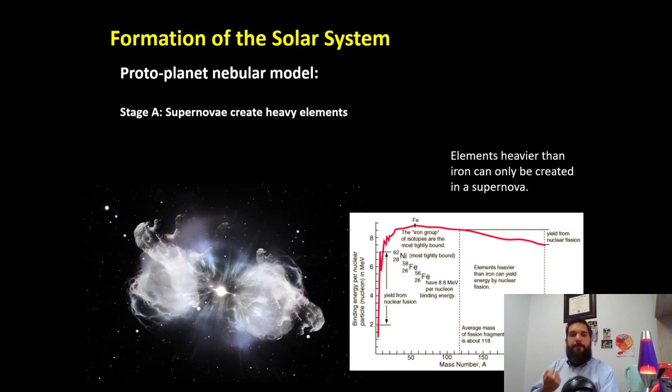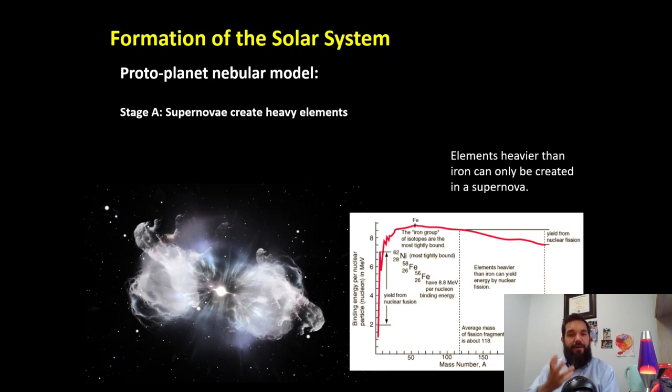And we think that because in our solar system we have elements that are heavier than iron, like gold and uranium and lead and copper. You might be saying, well, so what? Well, the only way to make those kinds of elements, I know this sounds crazy, but it's true, is in a supernova.